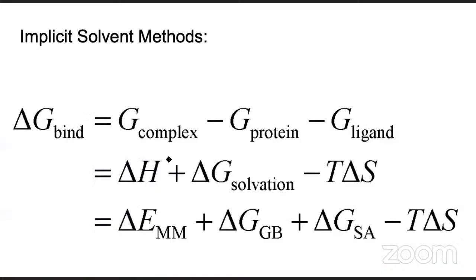Now, when you talk about this equation, the components of this can be broken down in such a way that you can have a heat change of your system, or enthalpy. You will have the solvation related. So what is the change in surface area?